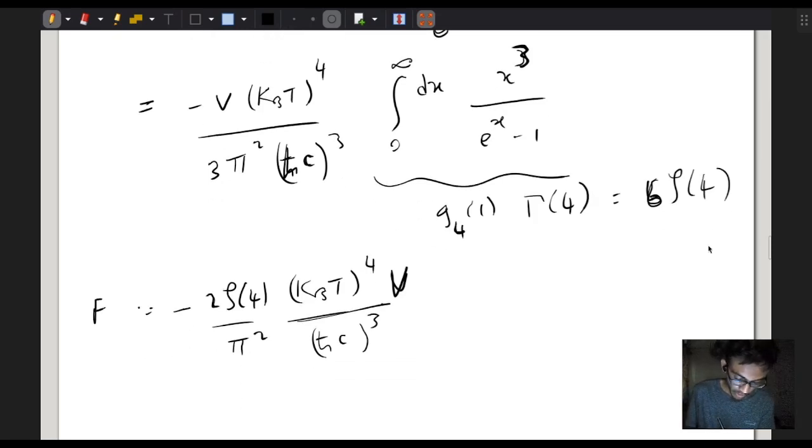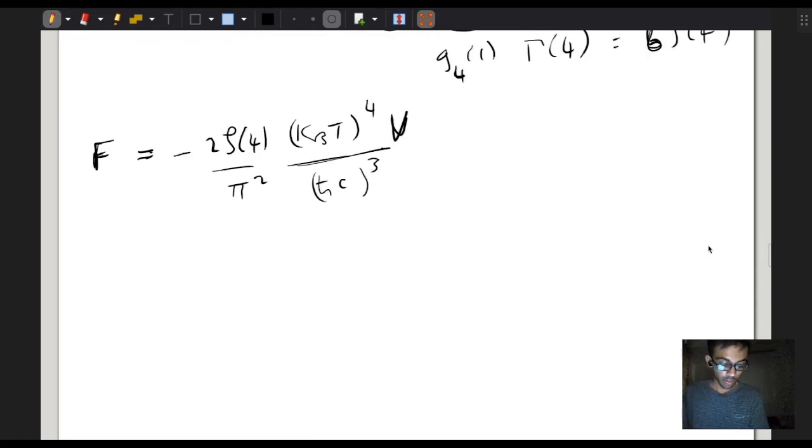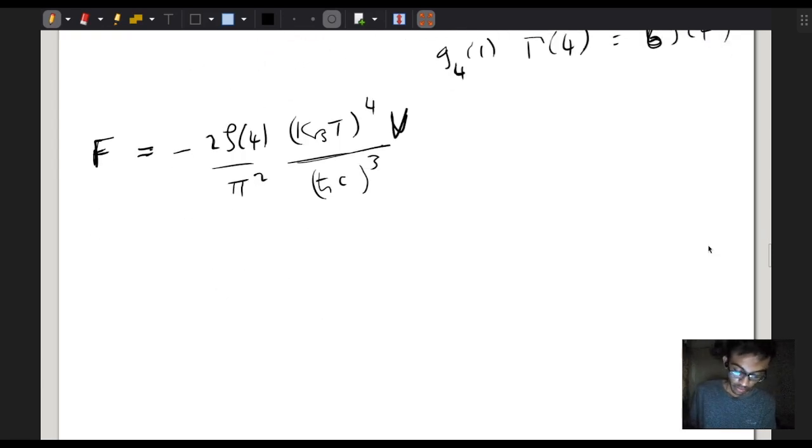Once we have the free energy, we can calculate any quantity we want. So we can calculate the expectation value of energy, entropy, and so on. But we can also use the fact that we know the average number of particles in a given state.